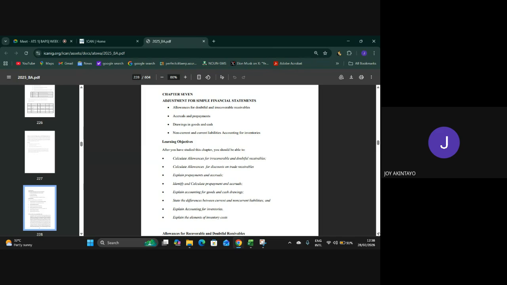Likewise, we've also talked about the elements of our financial statement. So what are the elements of our financial statement?